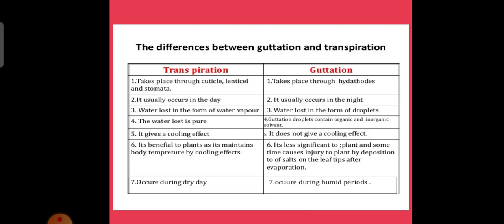It means the guttation process causes an injury to the leaf when water is lost in the form of droplets. Number 7, transpiration occurs during a dry day. When there is a hot environmental condition, then there is an increase in transpiration, and guttation occurs during humid or moist conditions.